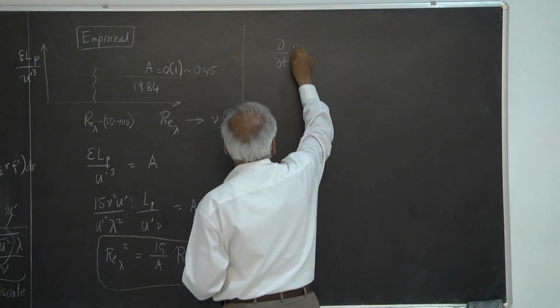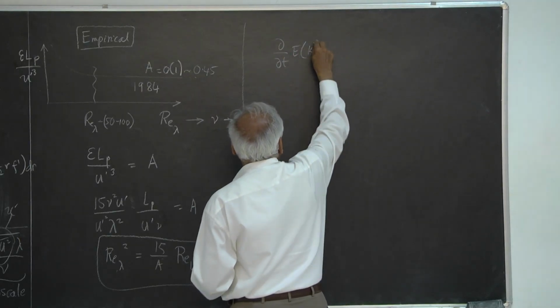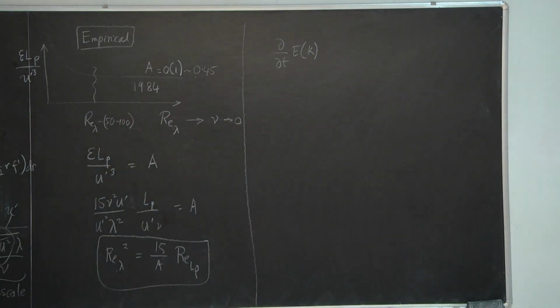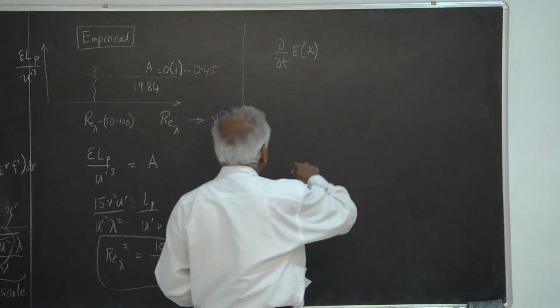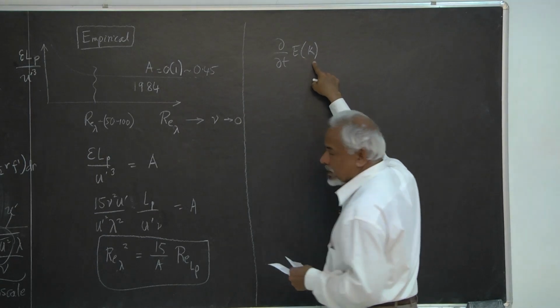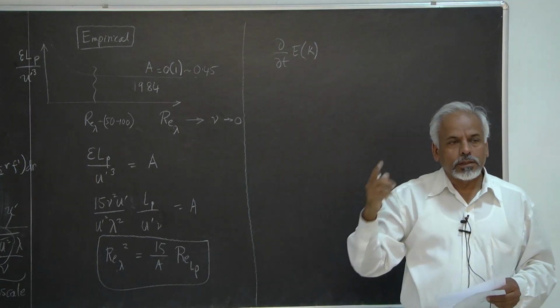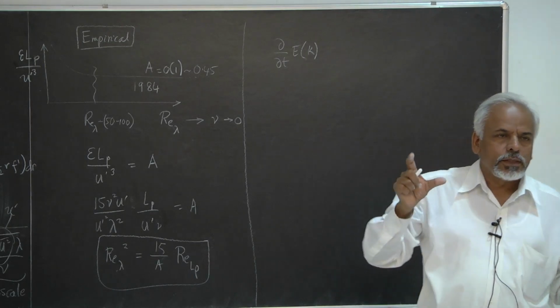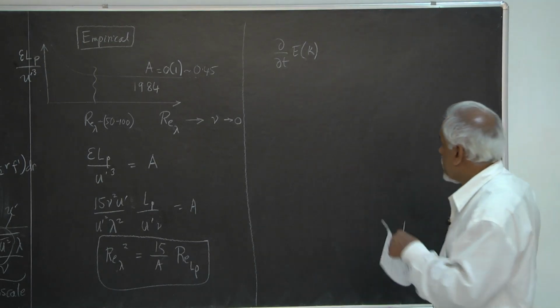So d by dt of E of k, you remember this is the analog of f. f is the one scalar function of a scalar variable in isotropic flow. That's the only thing that matters. In spectral space, the corresponding thing is this, which is the energy contained in a spherical shell of size dk around k.